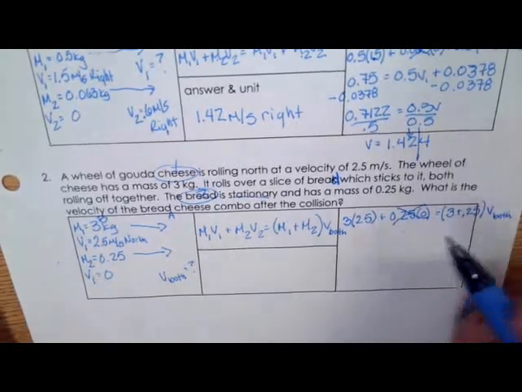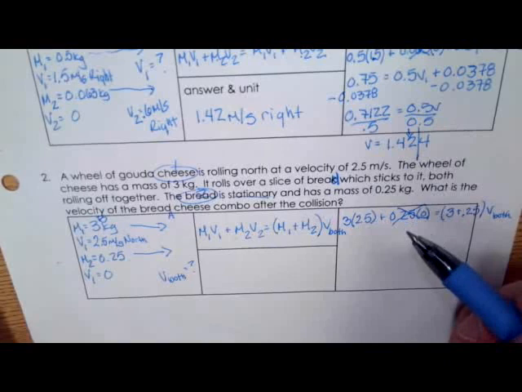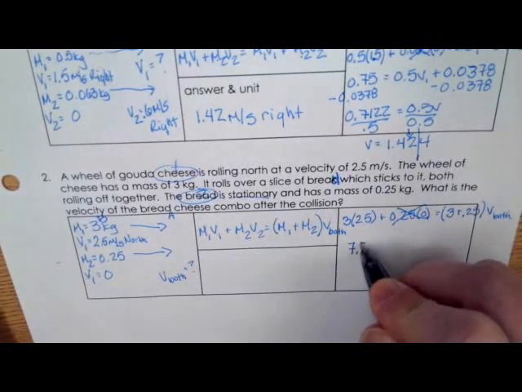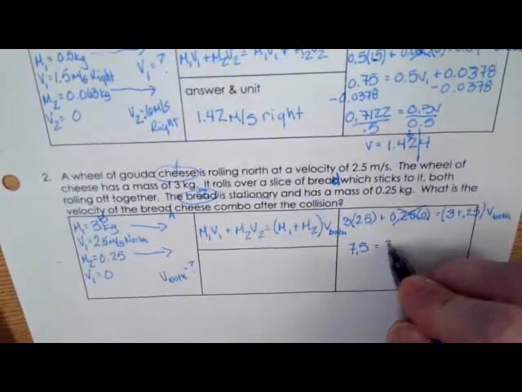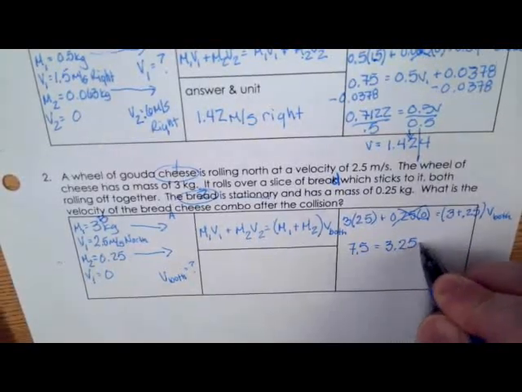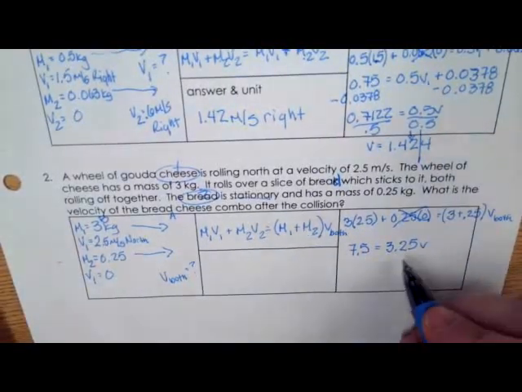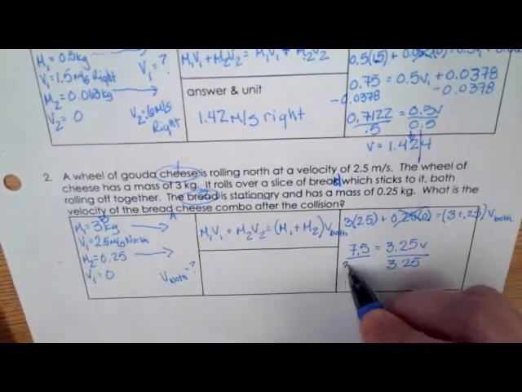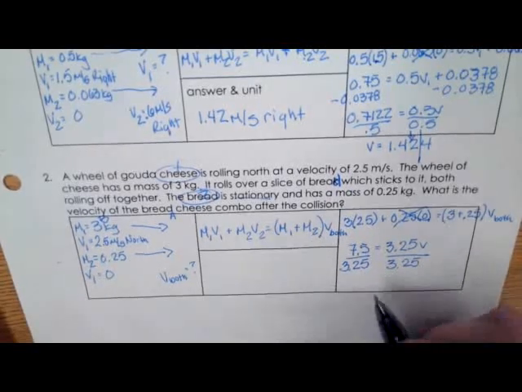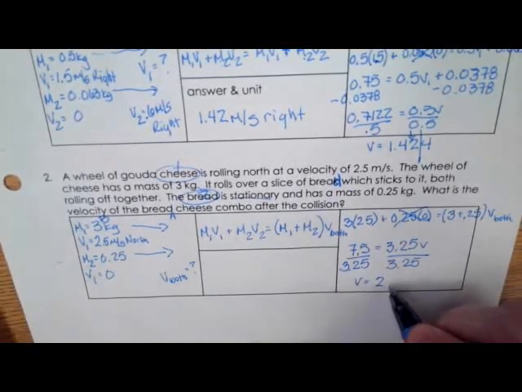So we don't need to worry about that. 3 times 2.5 is 7.5, which equals 3 plus 0.25, which is 3.25, times the velocity. We divide both sides by 3.25 to get the velocity by itself. So V equals 2.3076.